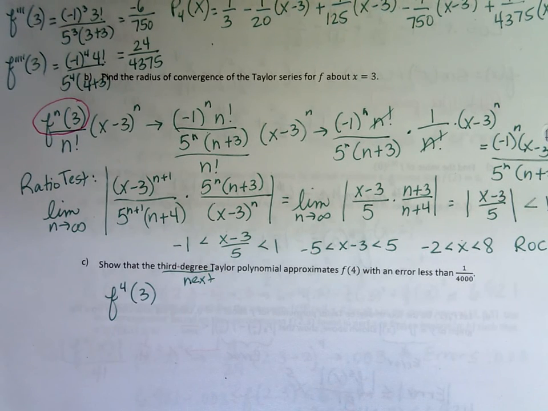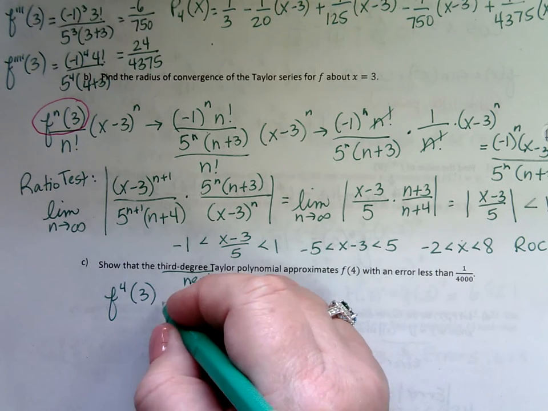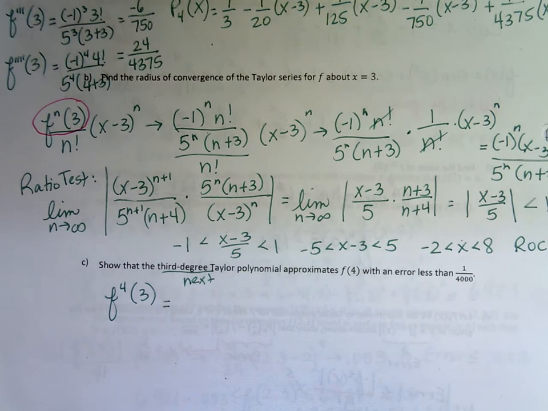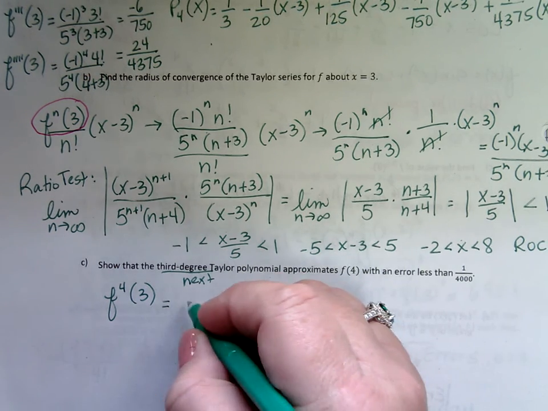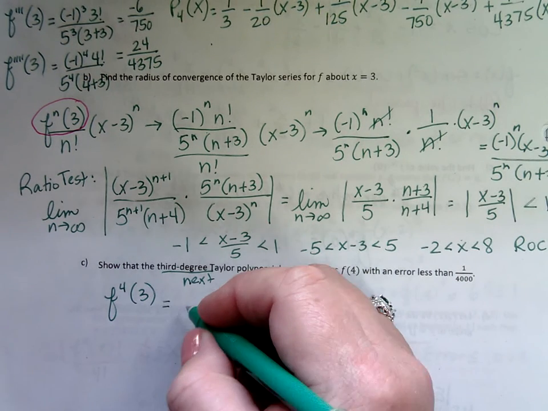Well, what do we know f of 4 at 3 is? And if I go way back, let me put the formula together for where this is going to be for the error. And then I'll tell you where you're getting the numbers from.